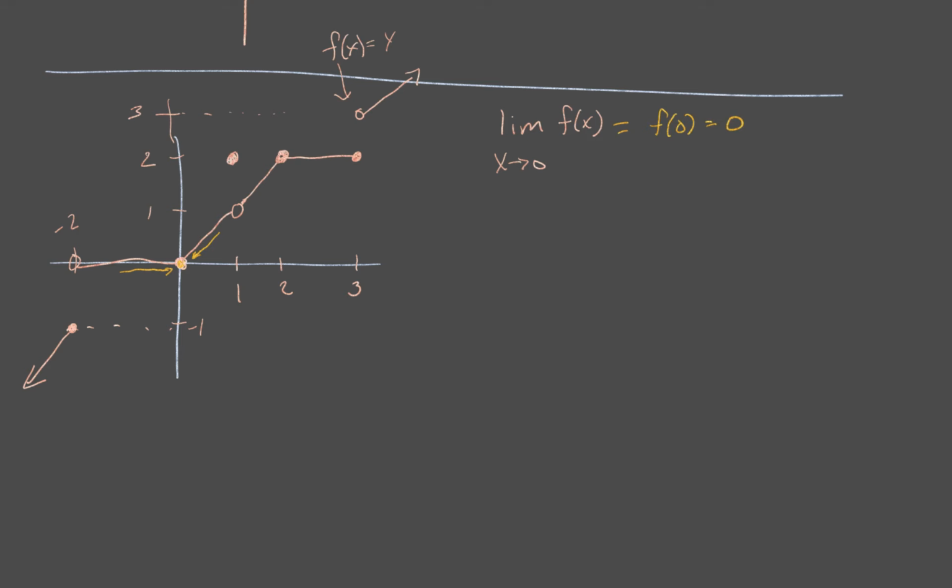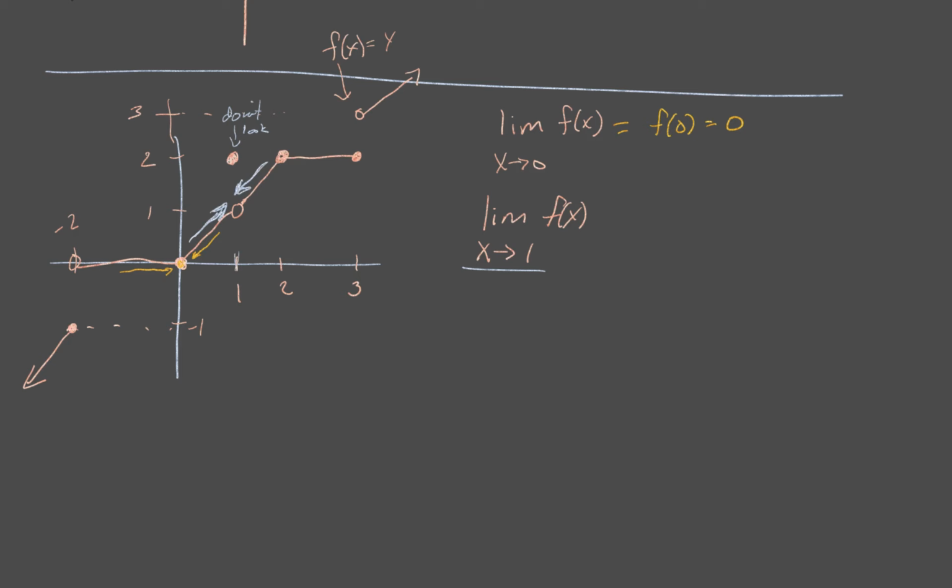Okay, let's look at another one. Let's look at the limit of f of x as x approaches 1. So as I get close to 1, I'm getting close to that value, and I'm getting close to that value. Remember, we don't look at this point. We don't look at the point that's on the graph, but we look around the values of 1 and see what's happening as I get close to them, right?